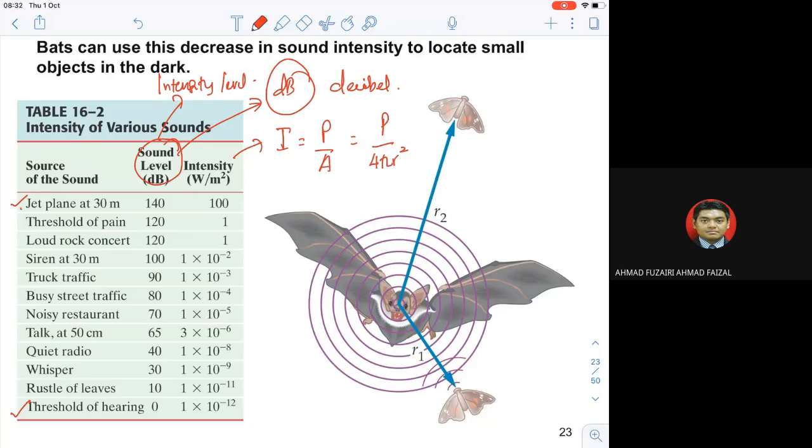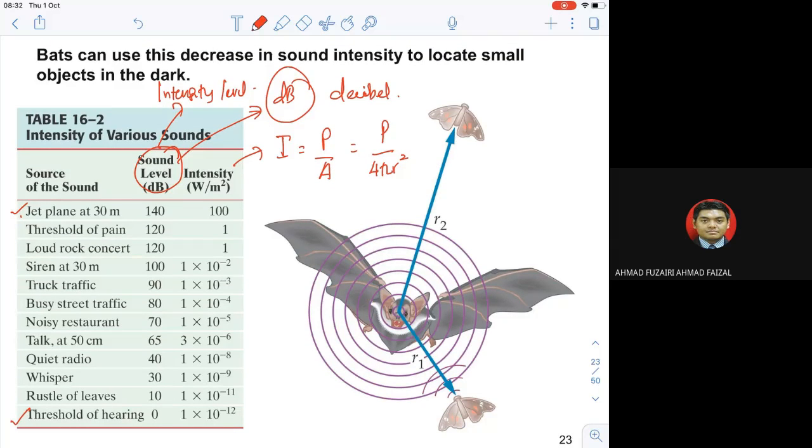One thing you should know when we talk about threshold of hearing. Look at the value. This is the threshold of hearing, meaning the least that a human can hear sound, the very least, is 0 decibel, almost cannot hear anything, but this is the limit. The lower limit for the human being to hear sound is called the threshold of hearing.